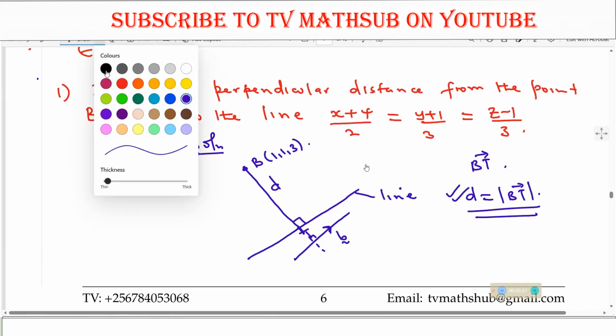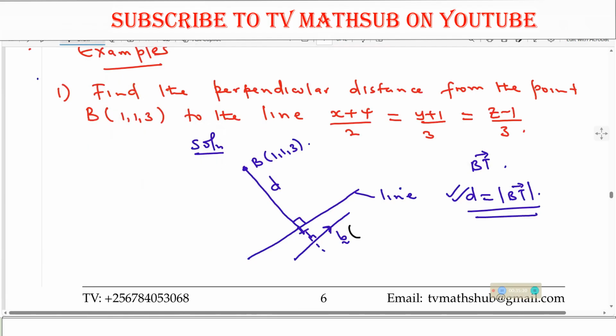So what is this vector equaling to? How do we get the direction vector from the equation of the line? Don't tell me you have already forgotten.